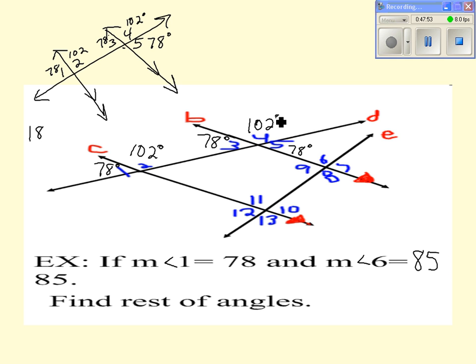Now we know all those angles. How are we going to find all these others down here? Instead of using this as our transversal, line D, what would we want to use as our transversal? Line E. So I'm going to go back up here. And please do this. I draw them off. We're going to put this line in as our transversal.